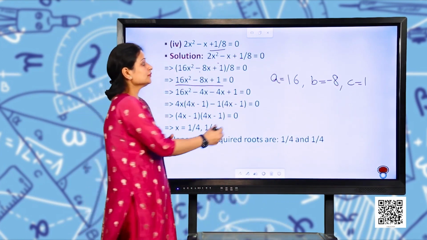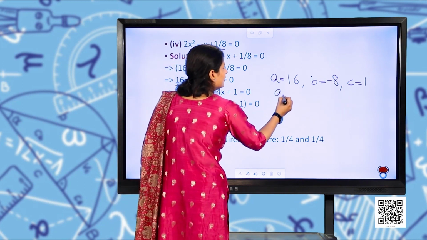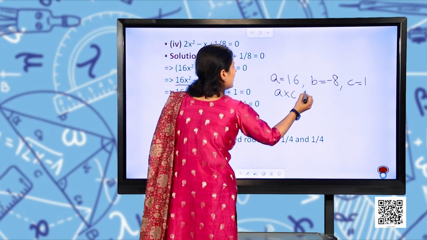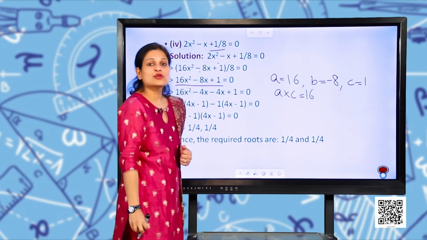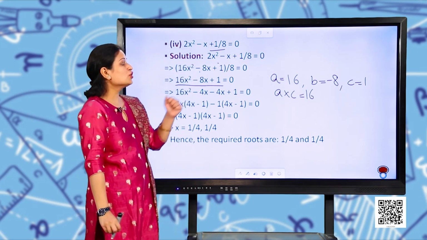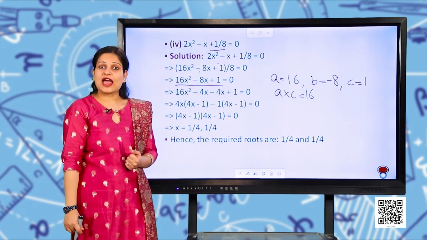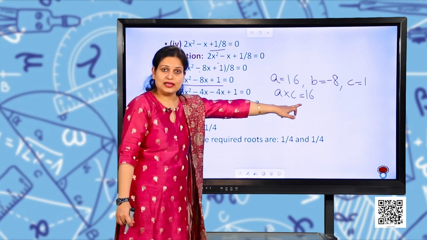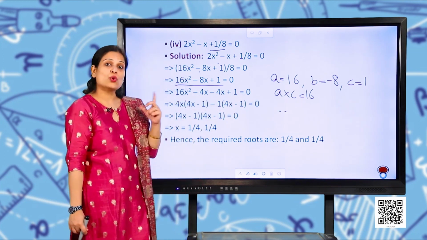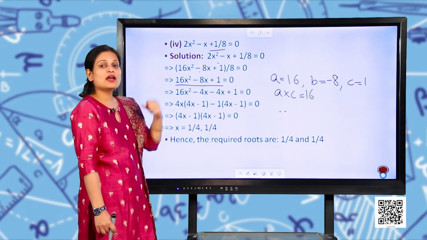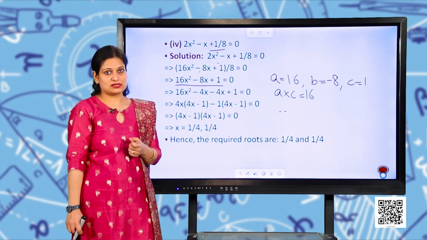Now, if I multiply a into c, what will I get? 16. So, remember this, you need two numbers such that their product is 16, and when you add those two numbers, you get minus 8 as an answer.